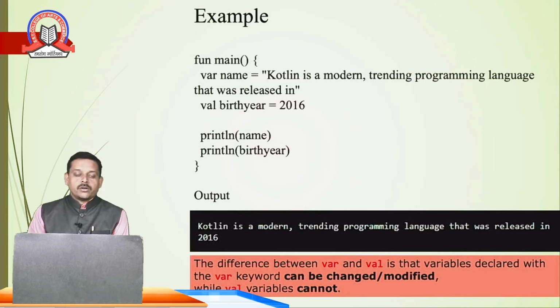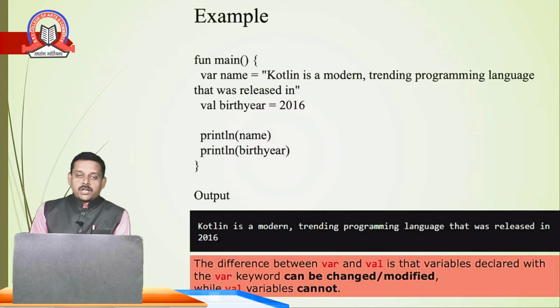So we have two statements, like println name. Here we are printing the first line of output, that Kotlin is a modern trending programming language that was released in. This is our complete value which has been stored in the name variable, and the second line of output is birth year, that is 2016. We already stored the value 2016 in that variable, and we are just displaying that value.